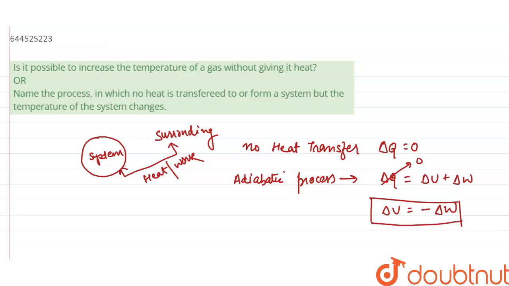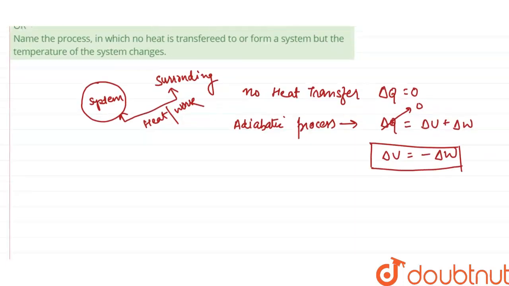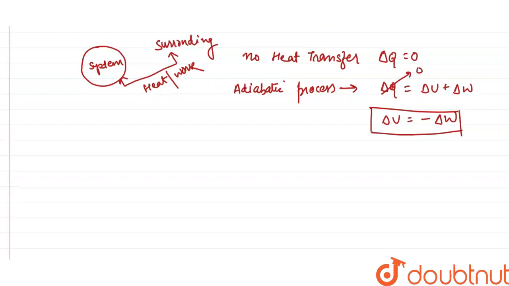And for an adiabatic process, the work done is given by this formula: delta U equals minus delta W equals (P1 V1 minus P2 V2) upon (gamma minus 1), where these are the initial pressure and volume and the final pressure and volume.